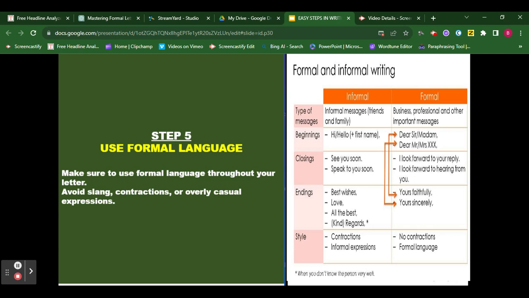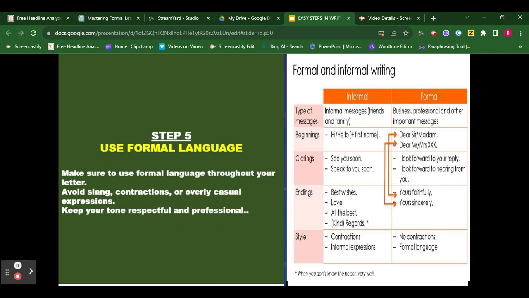It is also called a business letter or an official letter. So it's not a letter in which you ramble or tell a cock and bull story. You go straight to the purpose of the letter and you state precisely what it is all about.